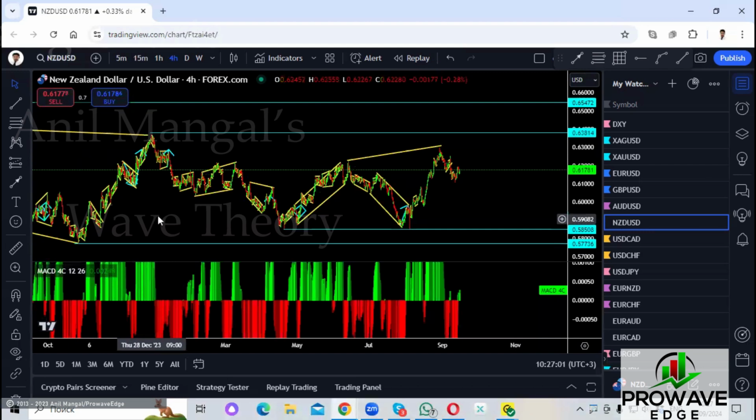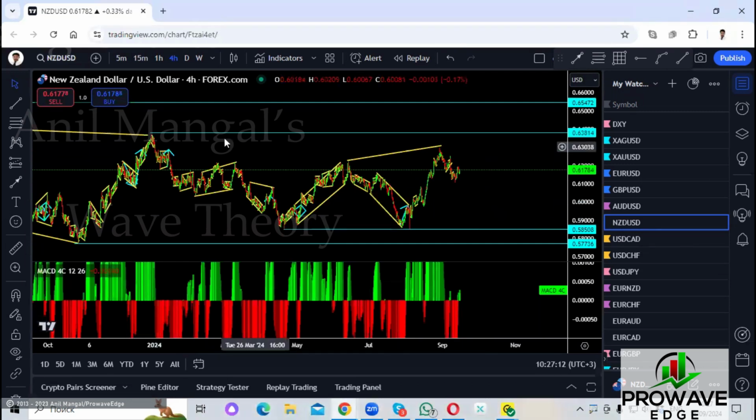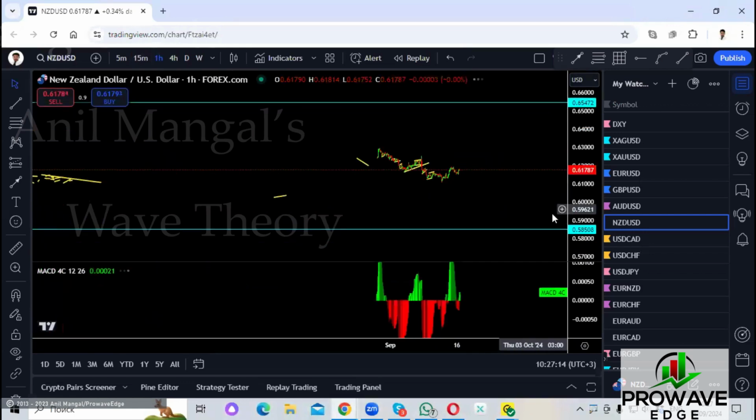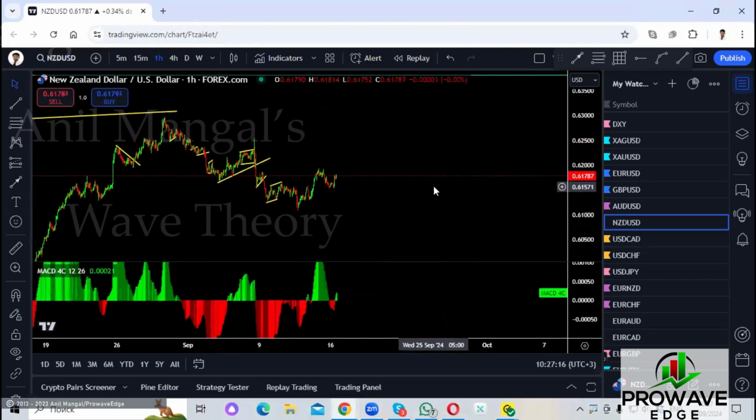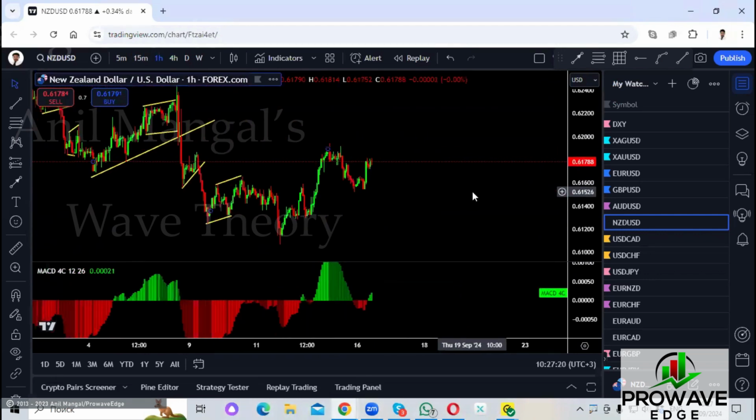So if we look at it like this, where this is the 1, 2, 3, and this comes and breaks the low again, then we'll still have to go back up. So at this point, this one is not confirming the bias yet. And I don't think we have a clear buy setup here either. So let's wait some more in New Zealand.